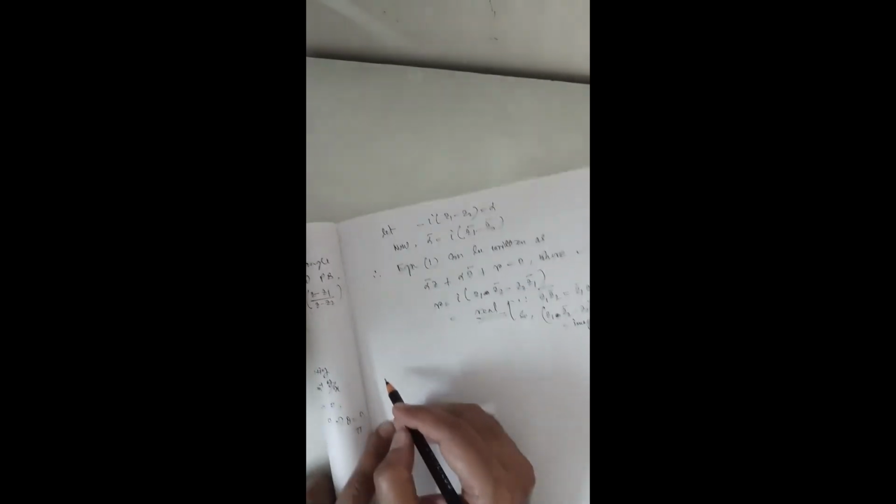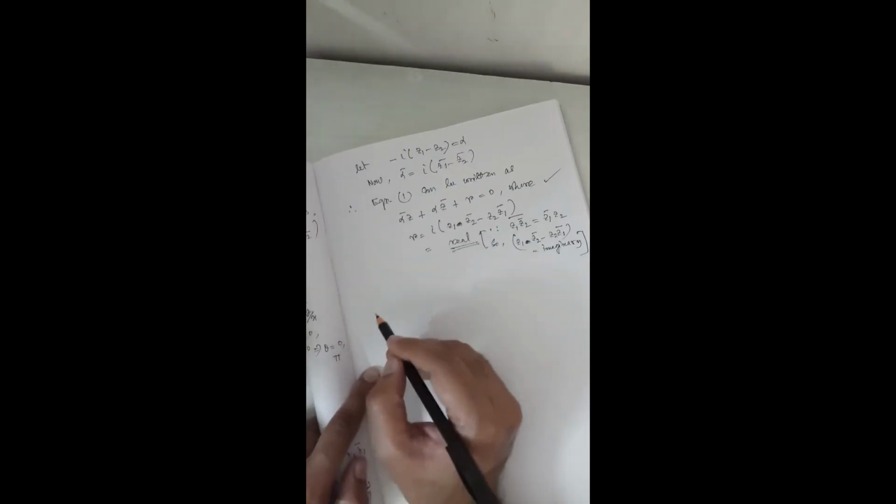Now, we will discuss the circles in the Argand plane.